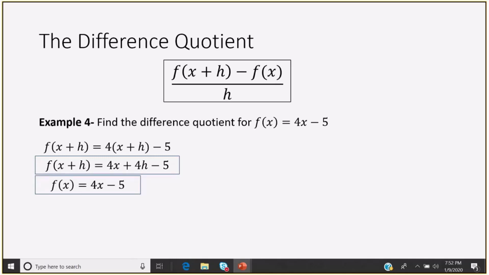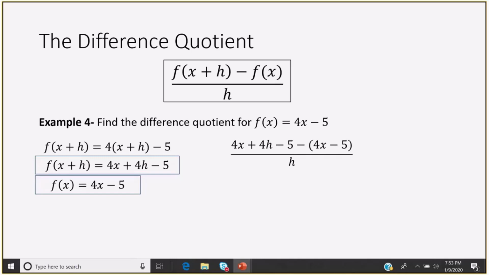And now I just put those into my difference quotient. So f of x plus h is now replaced with what I found, 4x plus 4h minus 5. And f of x is replaced with what I was already given, 4x minus 5. Now it's a very good idea to put that function in parentheses because we're subtracting every time we do the difference quotient.